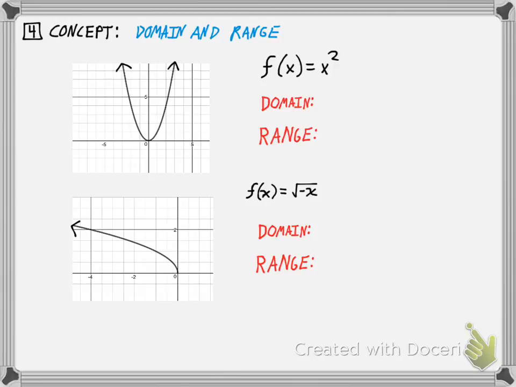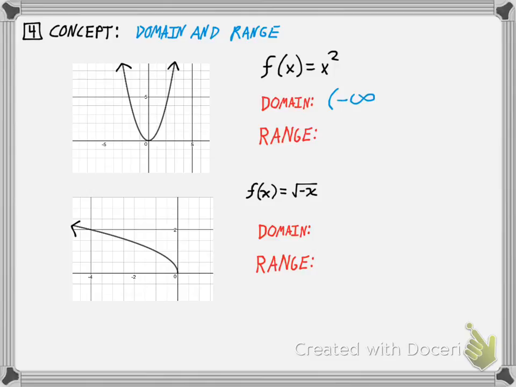So let's look at the first one here. When I'm plugging an input into the function x squared, you have to think about whether negative numbers would work, whether positive numbers would work, whether 0 would work, whether fractions would work, and consider all possibilities. It turns out that for this function, anything would work.